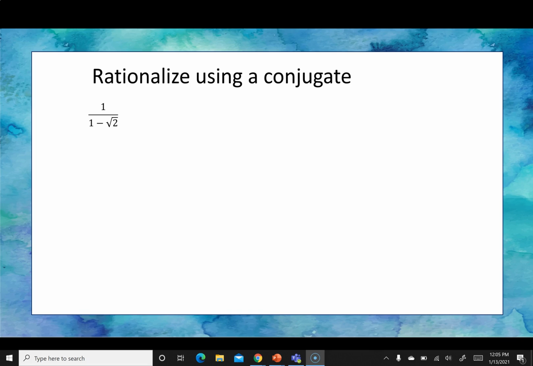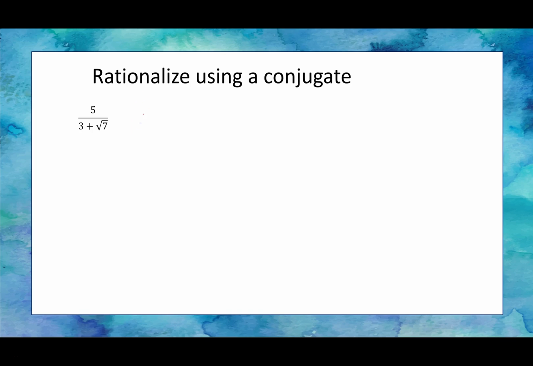All right, on this problem, we are going to multiply by 1 plus root 2 over 1 plus root 2. While multiplying across, this time all we have to do is distributive property, and we get 1 plus root 2.